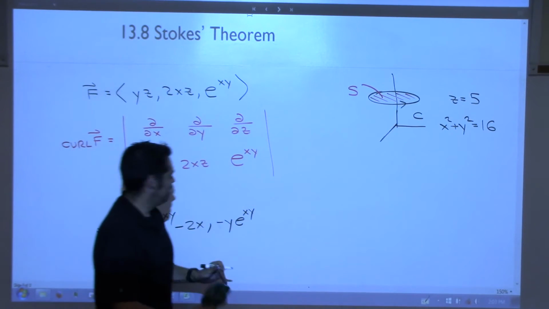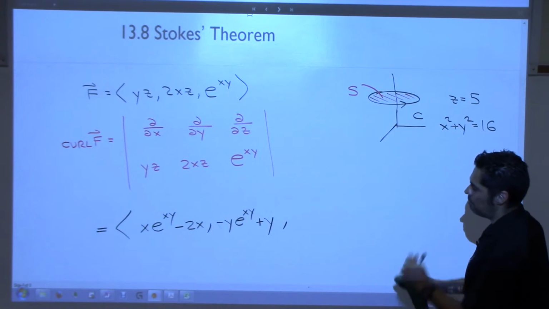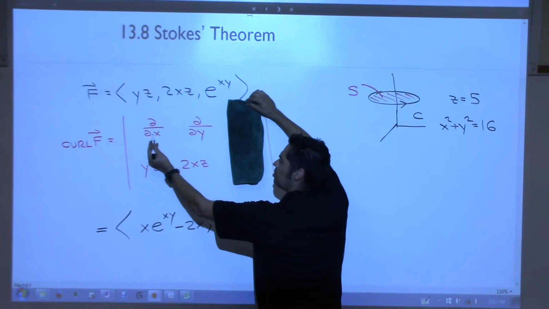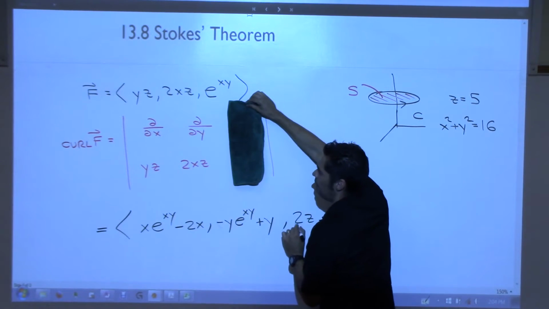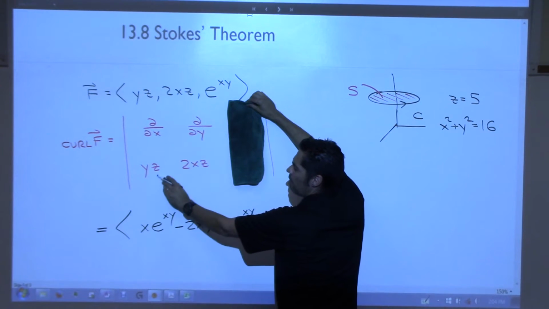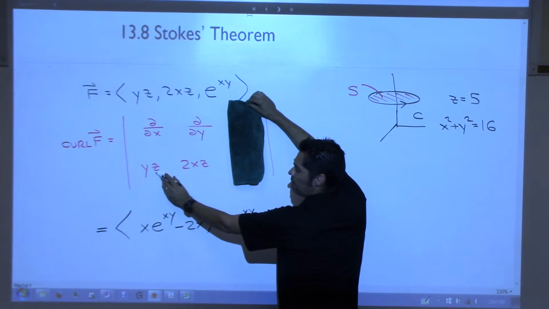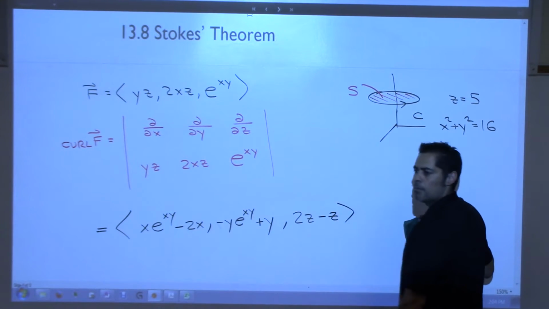So plus. All right. And then last one, and this is the most important one, right? Partial with respect to x of this, 2z. And then partial with respect to y of this is just z, but then subtract it. So minus z. Agreed?